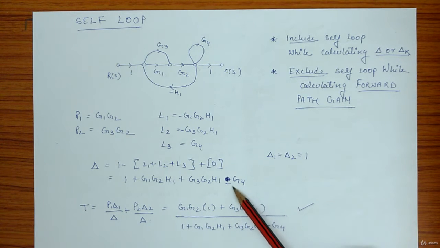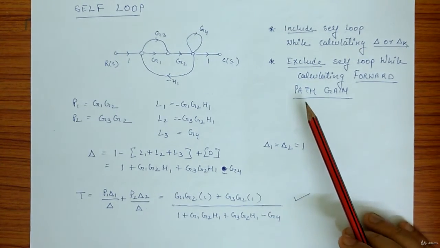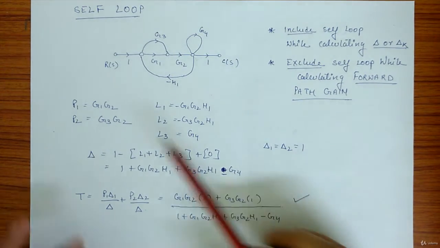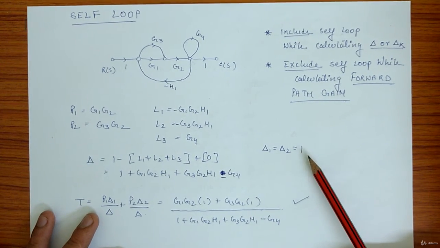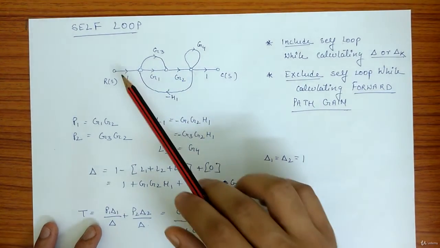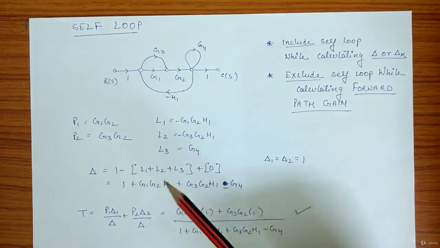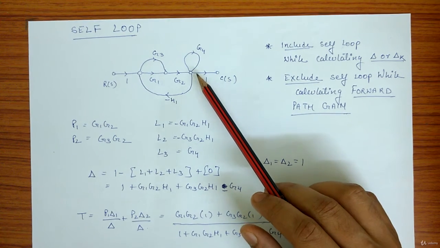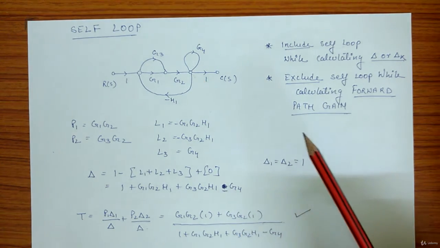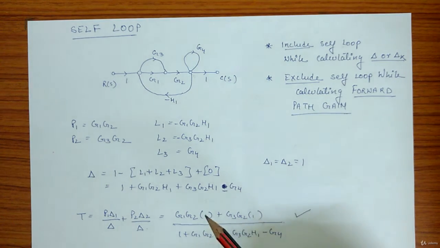This is minus G4. Okay. Now again you will see delta k. Since you have two paths, there are delta 1 and delta 2. Why are these 1? Because if you remove either of the two forward paths, this node will be removed, and if this node is removed, you won't have any loops because this node is connected to all three loops.